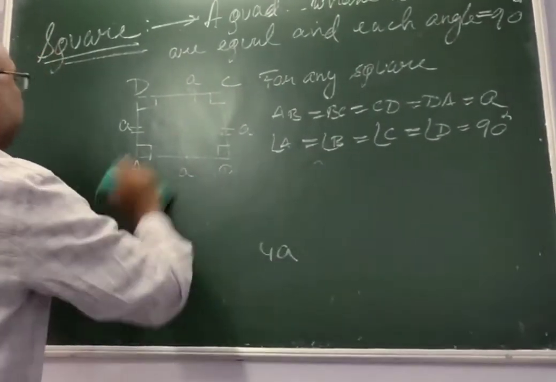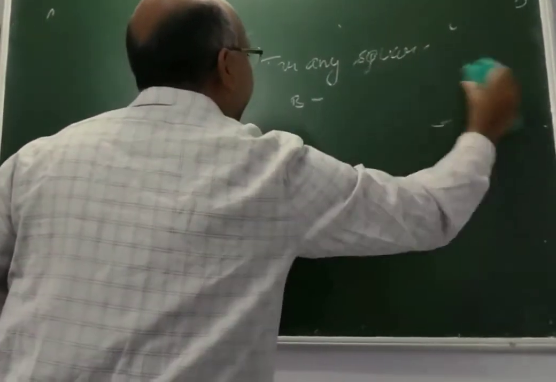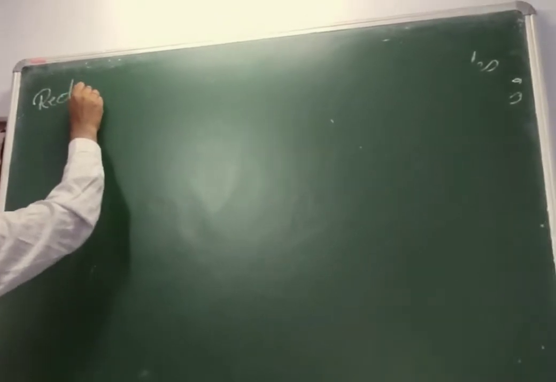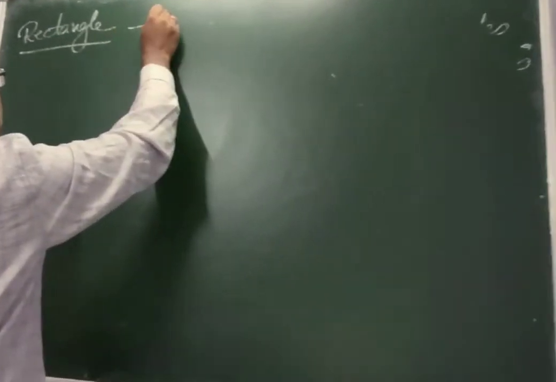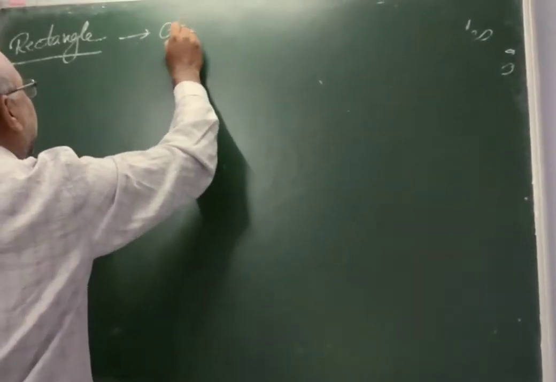Next, we will come to rectangle. What is this rectangle? A rectangle means opposite sides are equal and parallel.